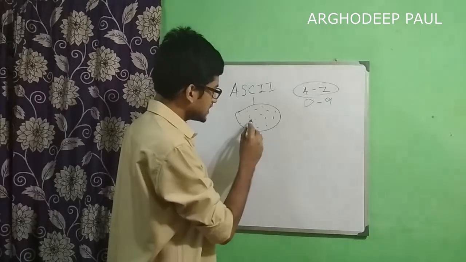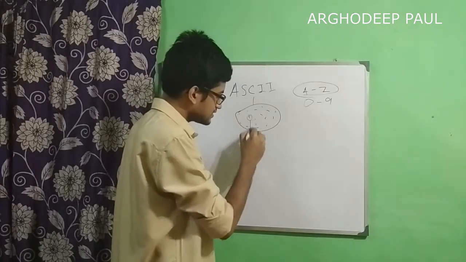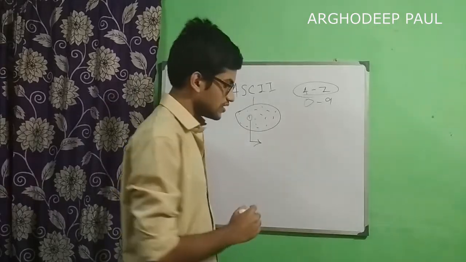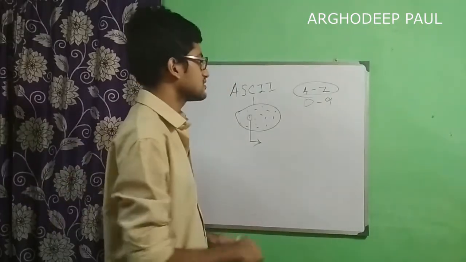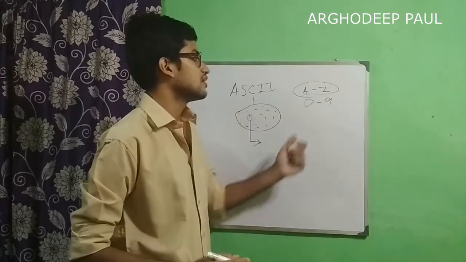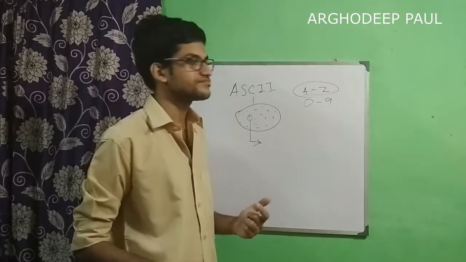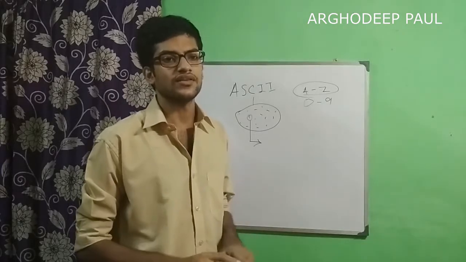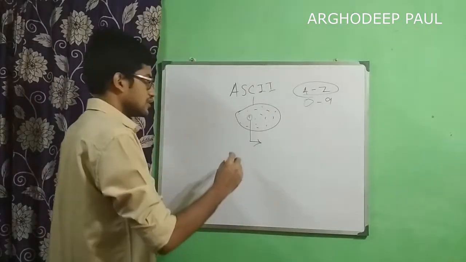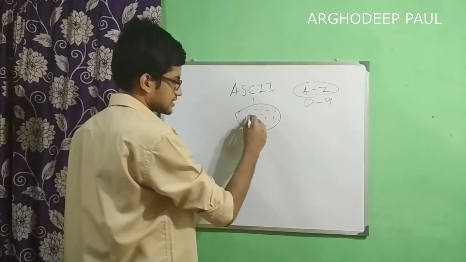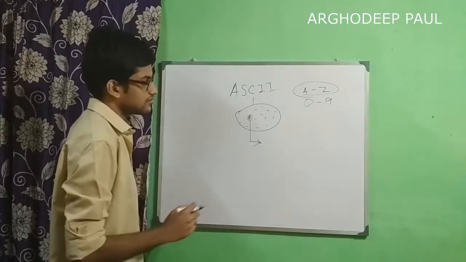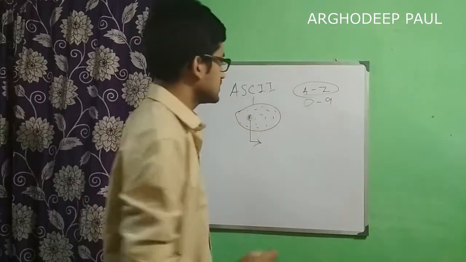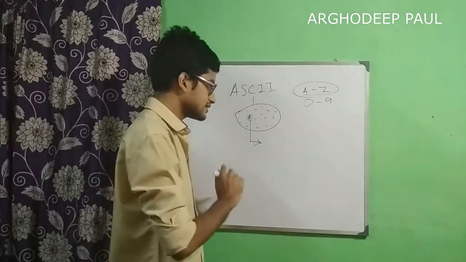Let's say I am taking this character and I want to represent it, because our hardware doesn't understand this alphabet, this decimal number system, or the special characters. It only understands 0 and 1, the binary form. So let's say this is a hash character, a special character. Hash exists in the ASCII character pool or character set.